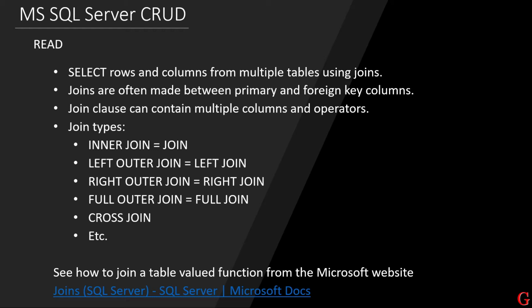You don't have to use the inner or outer keyword when you make a join in your statement. Inner, left, right and full join have similar syntax. You can use cross apply and outer apply to join a table valued function. See more from the Microsoft website.